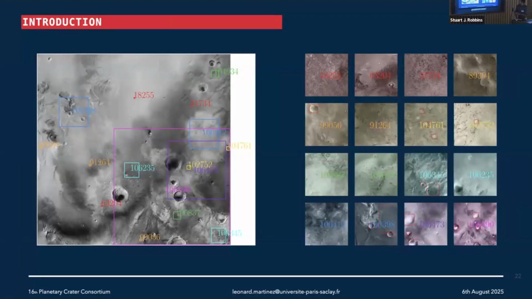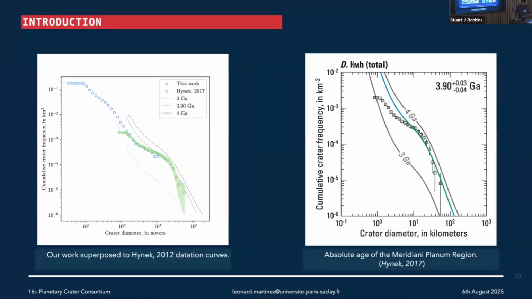And here is a non-exhaustive list of inference images. As you can see, in the range of craters that is common, we have a very good fit with the study of Heinek.